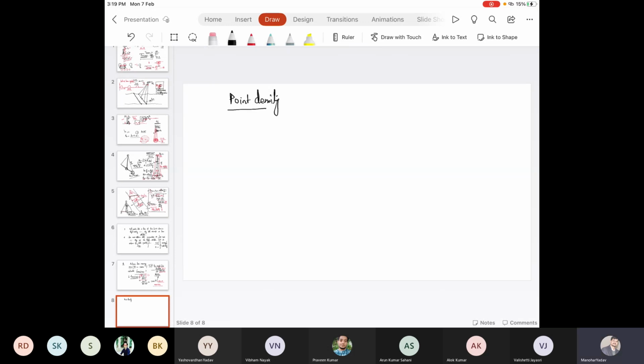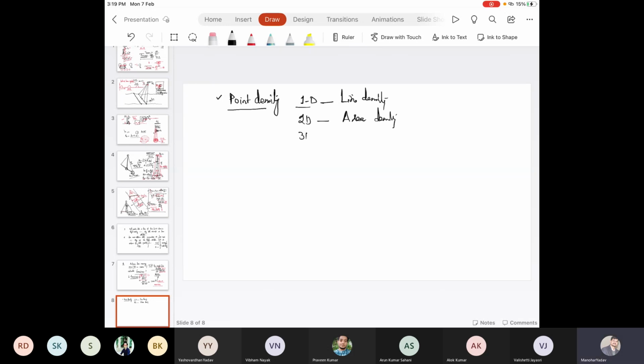So the unit of analysis over here is point coordinate. This is the reason why we call it point density. And when we calculate the density, it can be in 1D, 2D, and 3D. So 1D, we call it line density. 2 dimension, it's called area density.